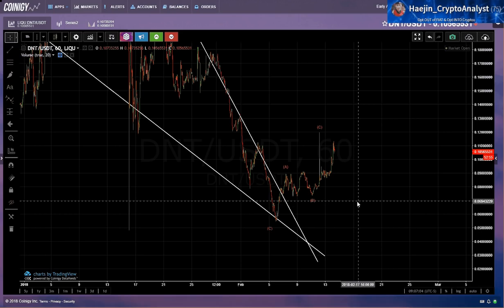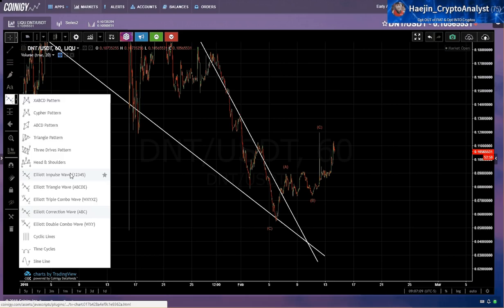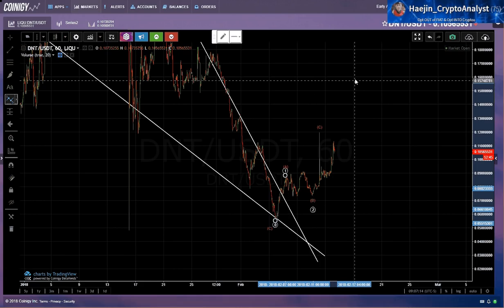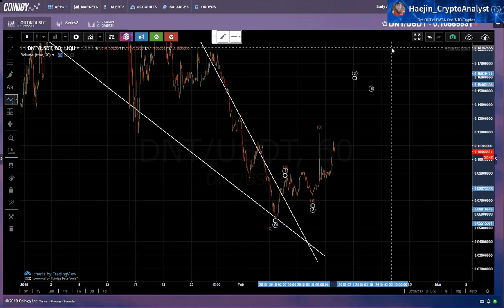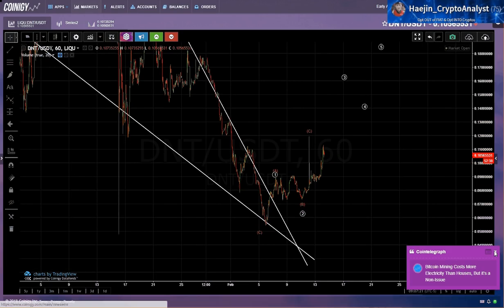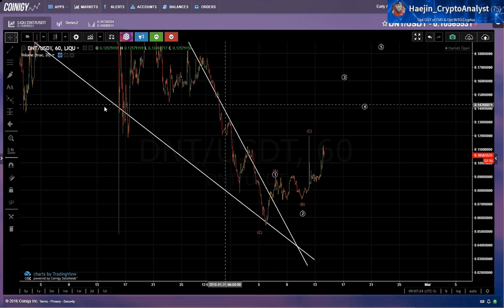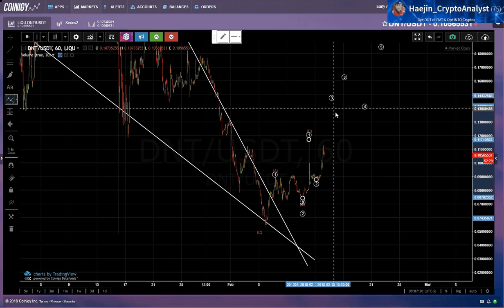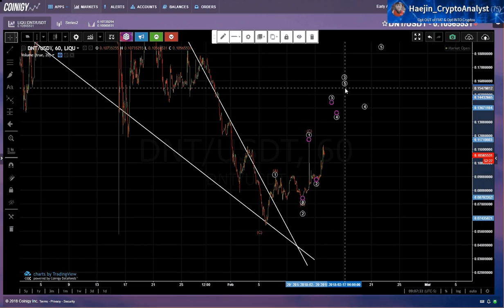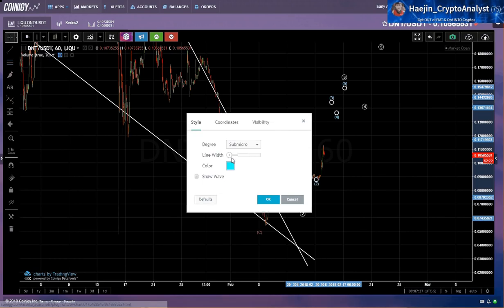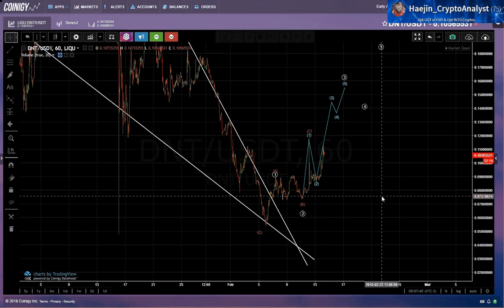You need higher highs. 1, ABC, 2, 3, 4, 5. And what you're getting here may be subwaves of 3. That's probably the likely scenario that you would want in a bullish case.